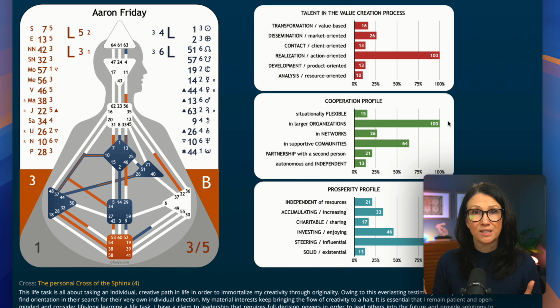So if you have this talent, you know how to navigate in these organizations and you know how to handle this organized work life. So we could say about Aaron here, because he has 100% larger organizations, that he enjoys working in larger corporations. He's a corporate person.